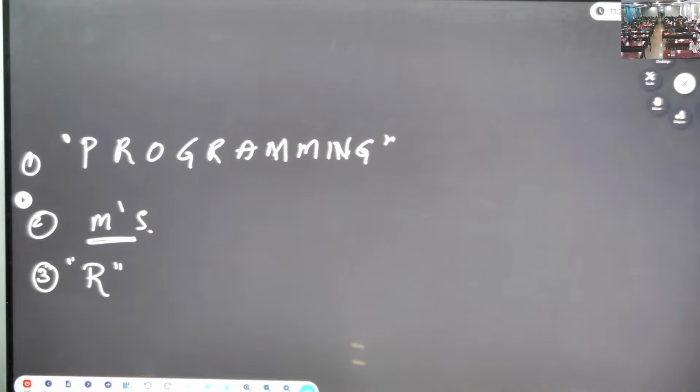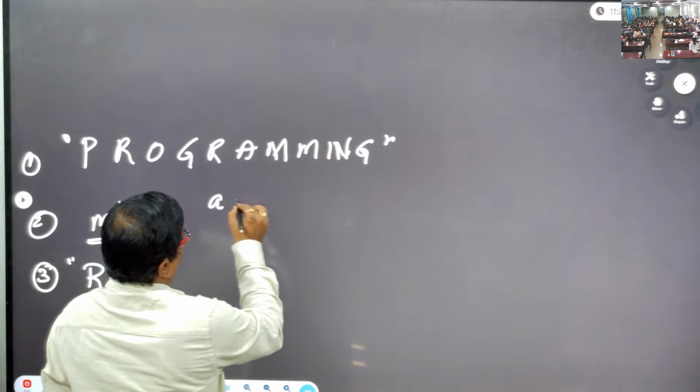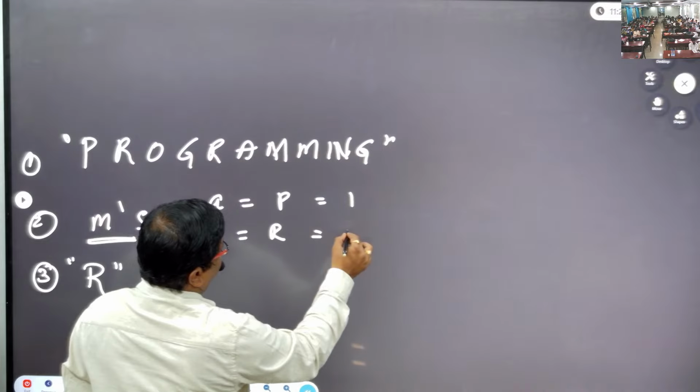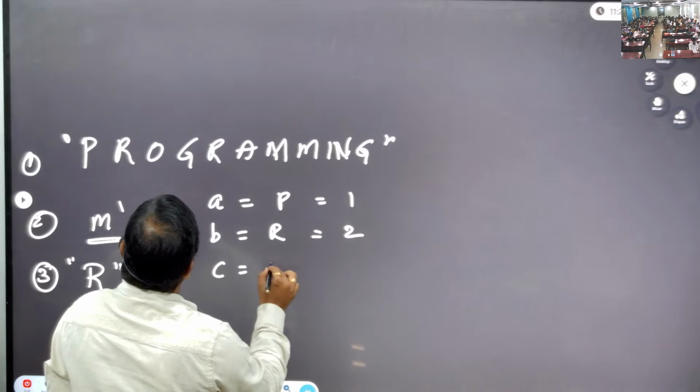A value is of which letter? A is equal to which letter? P. Count is 1. B. A is equal to P, count is 1. P, R, count. C, O, count.